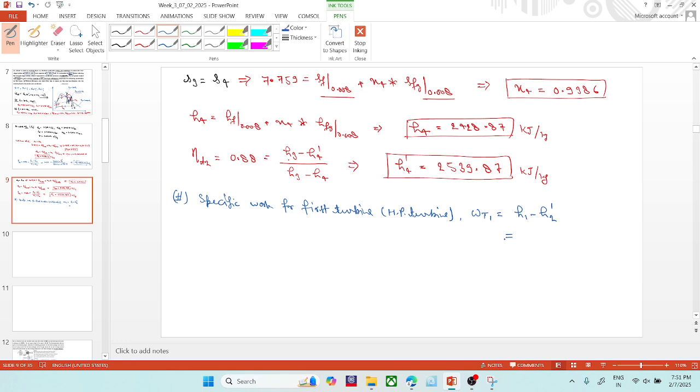The values we have calculated are 3349.6 minus 2815.52. So the specific work for the turbine is having the value of 534 kilojoule per kg.